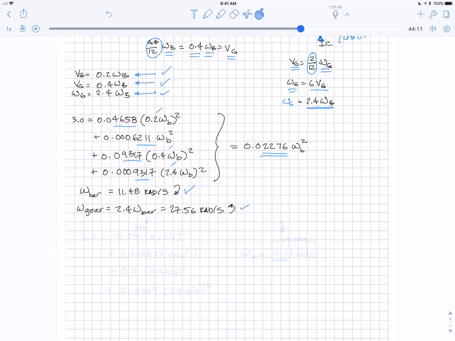Okay, so if you said 3.0 equals 0.05, 0.2 omega b squared plus, and then for some reason, let's say you kept this one to all its figures. And this one, let's say for some reason you rounded.